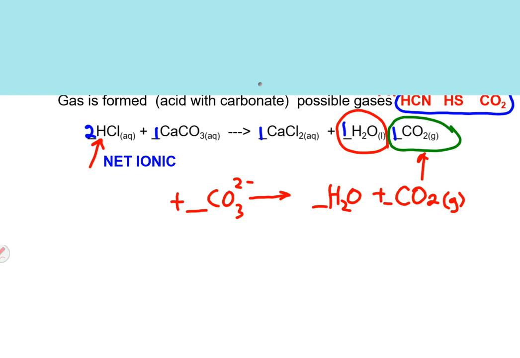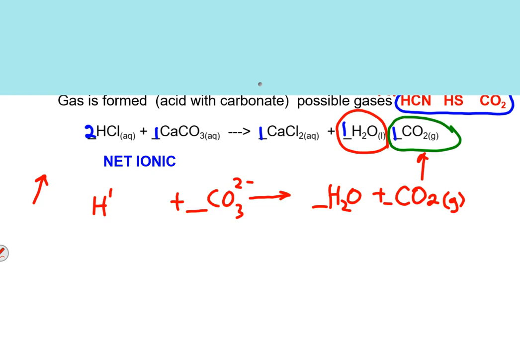Okay, the carbonate ion is going to donate an oxygen to the process. So we've got one oxygen here and two hydrogens from here, and that's where that's coming from. And so now we just come back over here and we're going to write both.